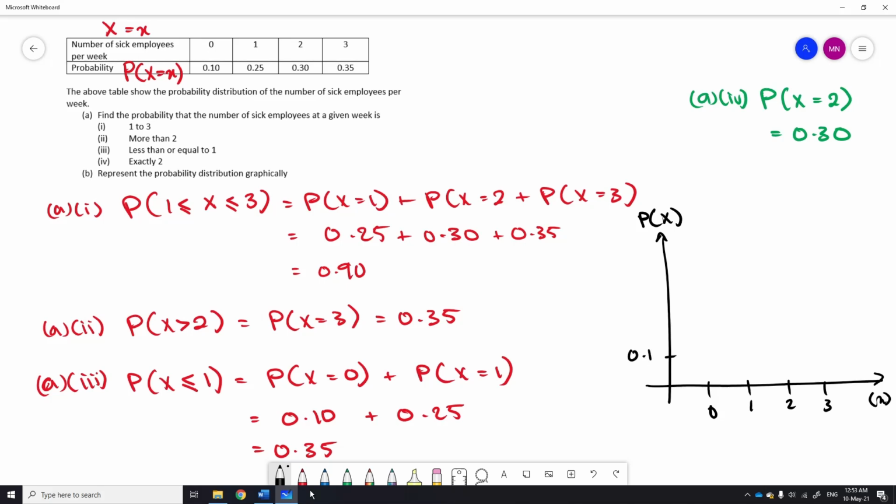This is 0.1, 0.20, 0.30, that is the graph.